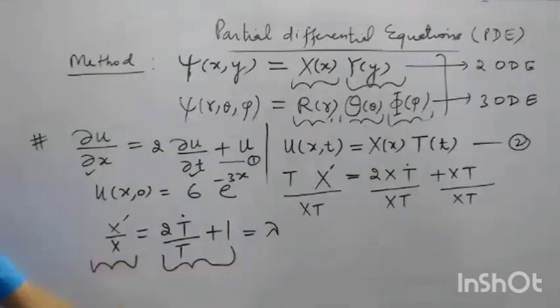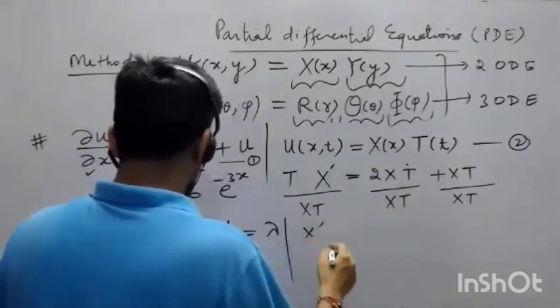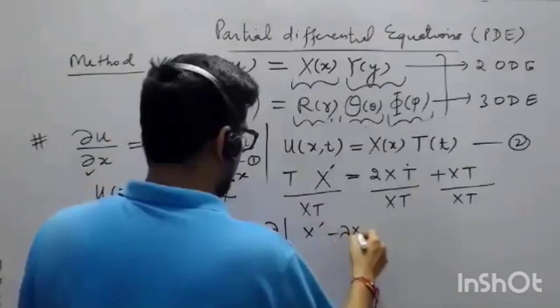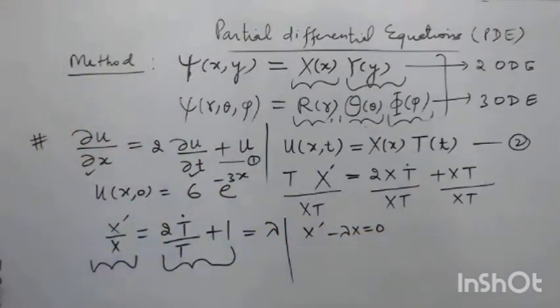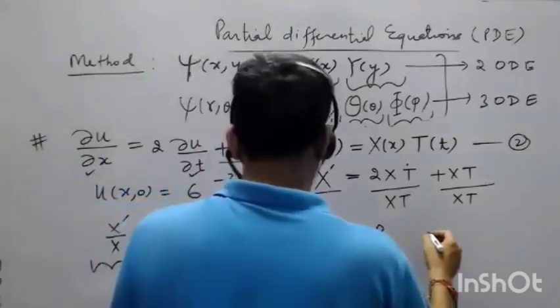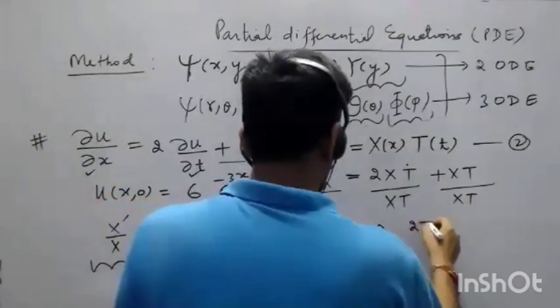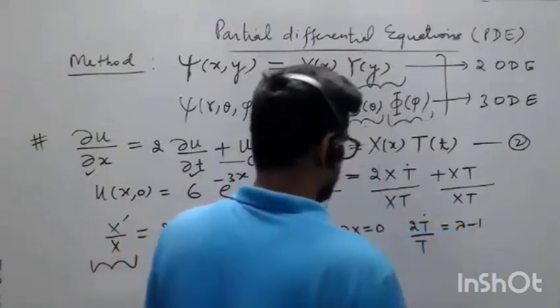So x dash minus lambda x will be equal to 0. This will be the first equation. And second equation will be 2t dot by t is equal to lambda minus 1.